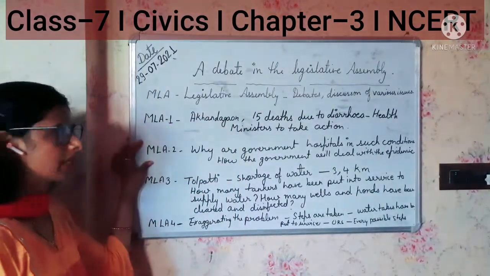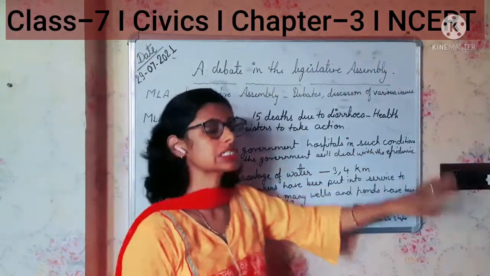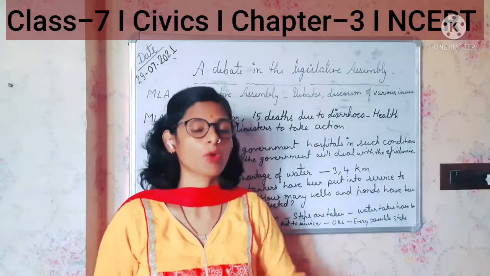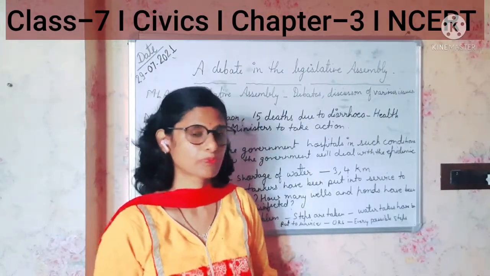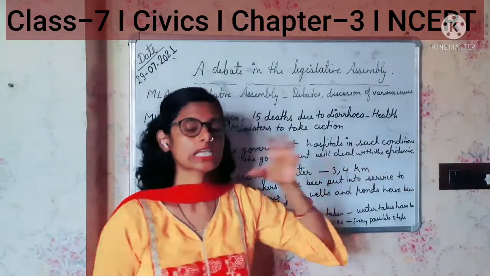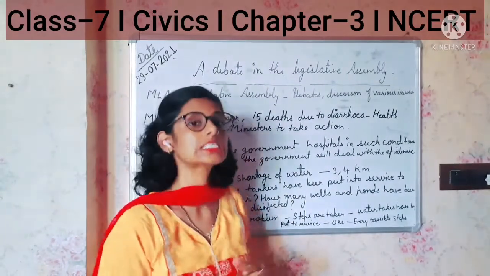The second MLA asks why the government hospitals are in such conditions, why the government is not appointing proper doctors and sufficient staff in their state, in their district, and how the government will deal with this epidemic. What steps are they taking to deal with this epidemic?